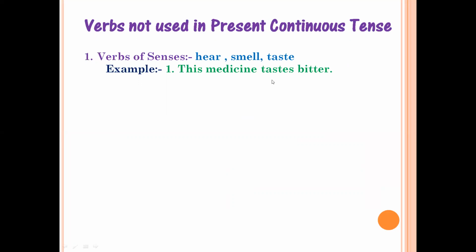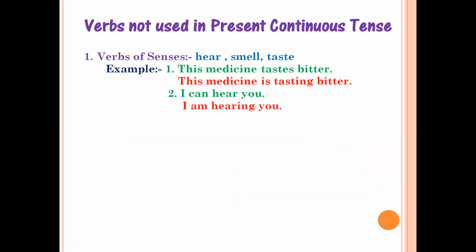This medicine tastes bitter. So we are using s with the verb, right? It is okay. It is simple present tense. But if you want to write this medicine is tasting bitter, it is wrong, because taste cannot be used in its ing form. Means you cannot change taste into present continuous form. Similarly, I can hear you. It is correct. I am hearing you. Incorrect.